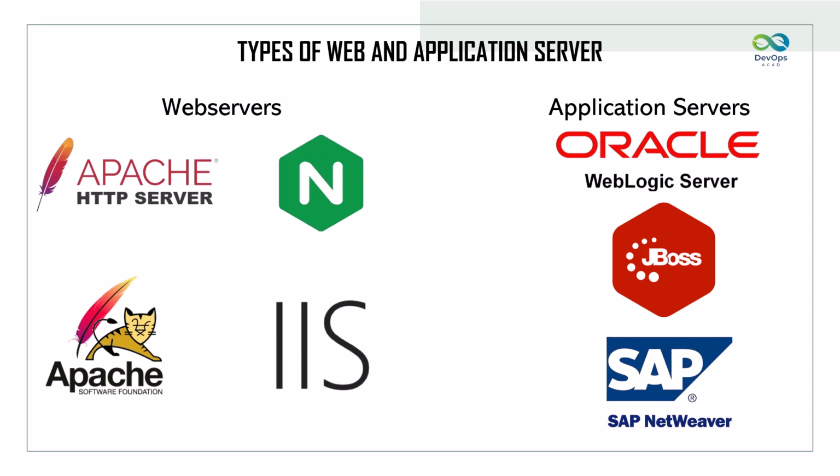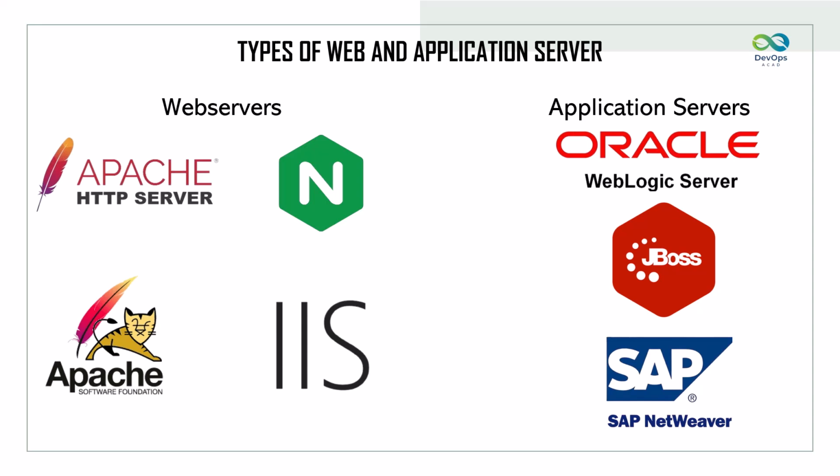You can use it to generate reports, invoices, receipts, pay slips and a lot of other things. So there's a lot of logic that happens behind the scenes, which obviously your web server cannot handle. That's why you need all of these application servers.